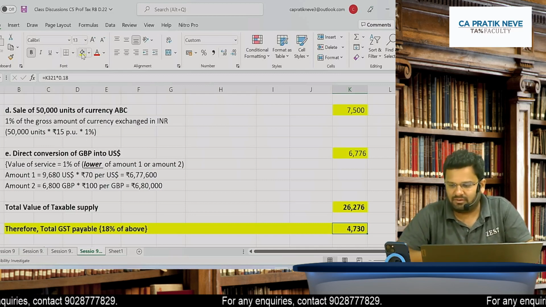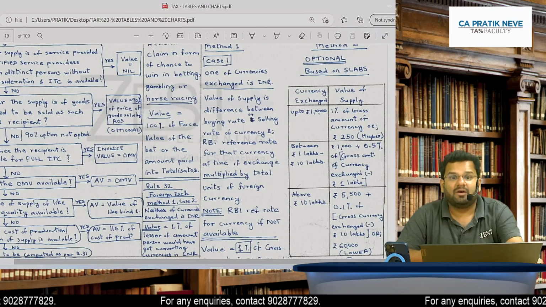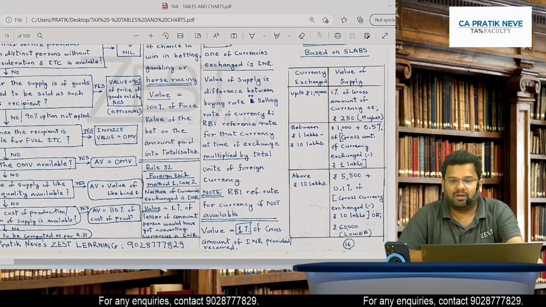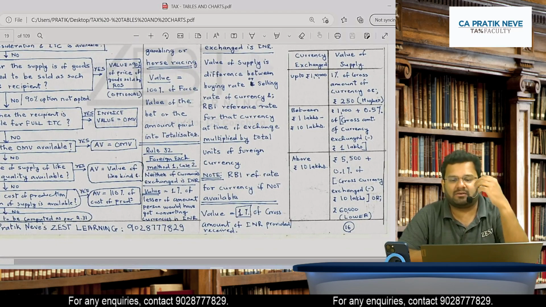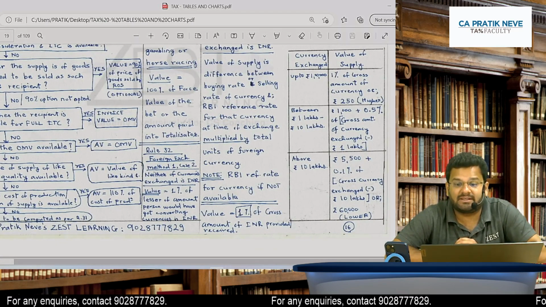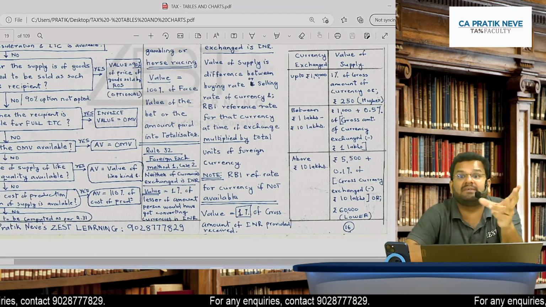Wonderful, very good. Then friends, when we talk about method 2, which is based on slabs, or you can call it presumptive basis, when the currency is exchanged, just find how much rupees are involved.